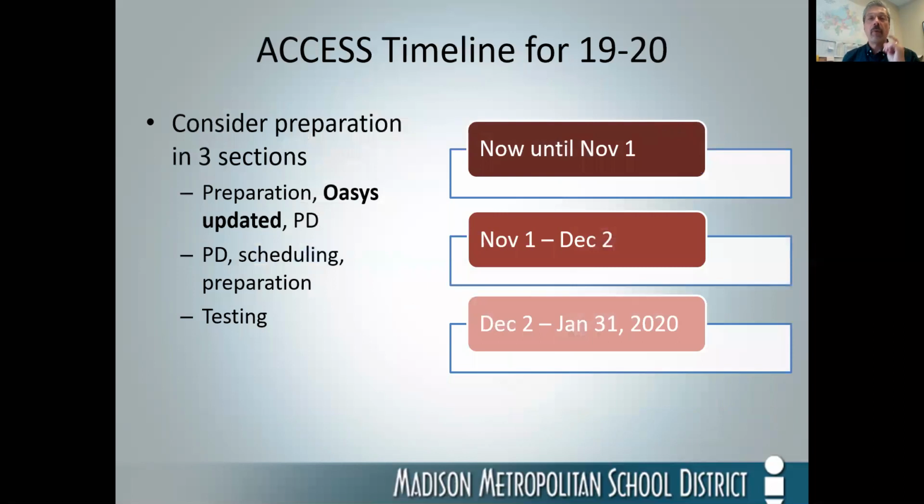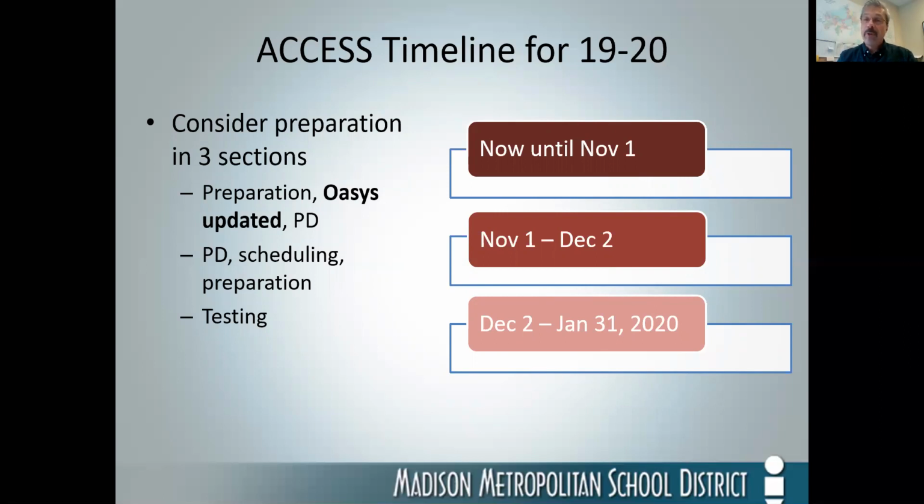Now, the timeline for Access this year is as follows. From now until November 1st, so we only have a short little piece of time right now, you should be thinking about some of the preparations. Make sure that OASIS is updated for students who have IEPs or 504s, and all of that is in there, and begin professional development.